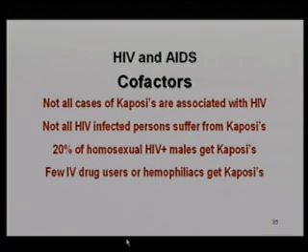This was a disease that's been with us at low levels, particularly in immunocompromised people, for a long, long time. About 20% of homosexual HIV-positive males come down with Kaposi's, but very few of the other groups. So this doesn't look like it's the result of having HIV.